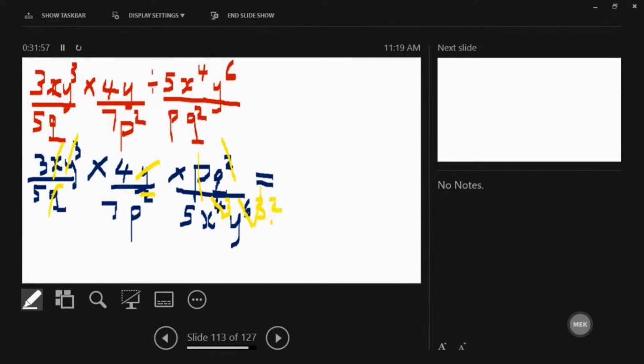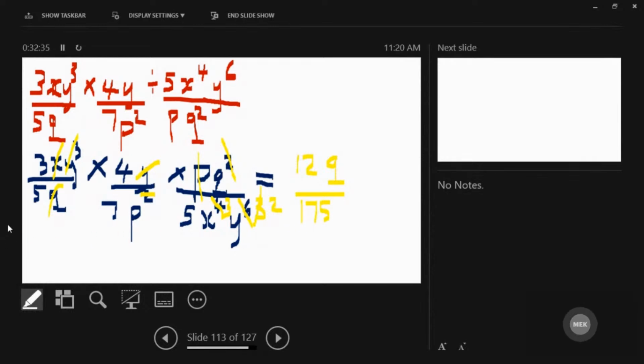I think so. All right, so 3 4s 12. We have q, so 12q. That's what's in the numerator. In the denominator, 5 5s 25 times 7, I believe that's what, 175. Let me double check that. So 25 times 7, 175. So we have 175 down the denominator side.